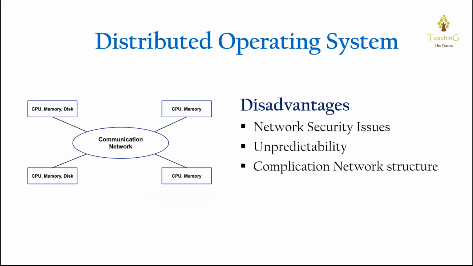Then comes the complication in network structure. Yes, when we add more and more components to this operating system, it is going to raise the complications in the network structure also.